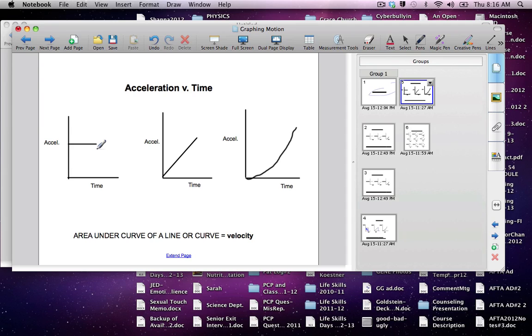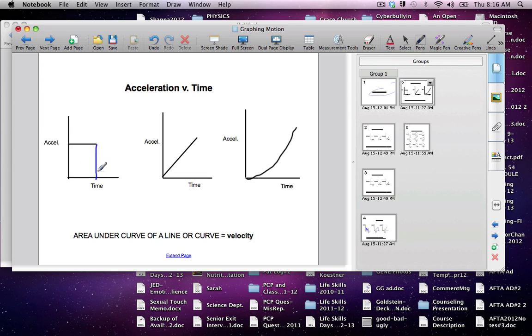Now, if you take the area under an A versus T curve, once again, base times height is going to give us the area, or acceleration times time. And when we multiply acceleration times time, we get velocity.